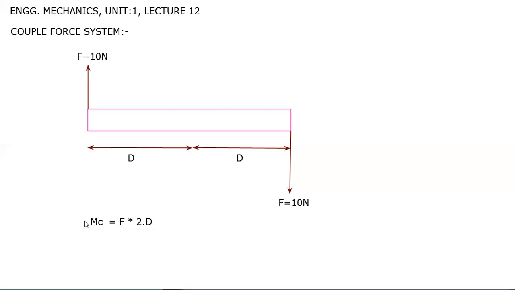Therefore, the moment by this couple system is equal to one of the forces multiplied by the distance between these two forces, and the distance between these two forces is nothing but 2d.